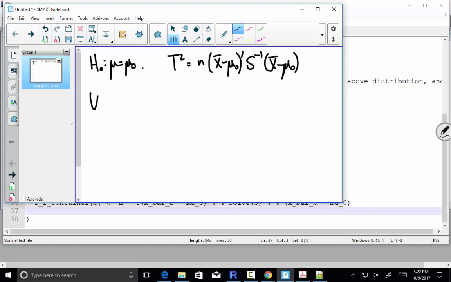And under the null hypothesis, the distribution of t-squared is n minus 1, I forget, okay, n minus 1 times p divided by n minus p, times F with p and n minus p degrees of freedom.